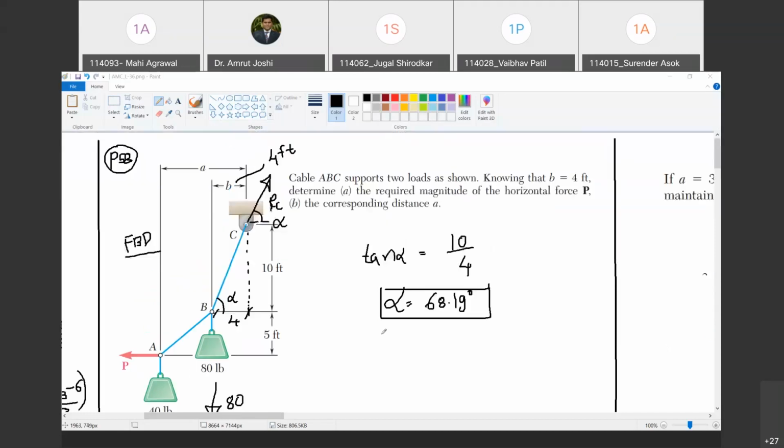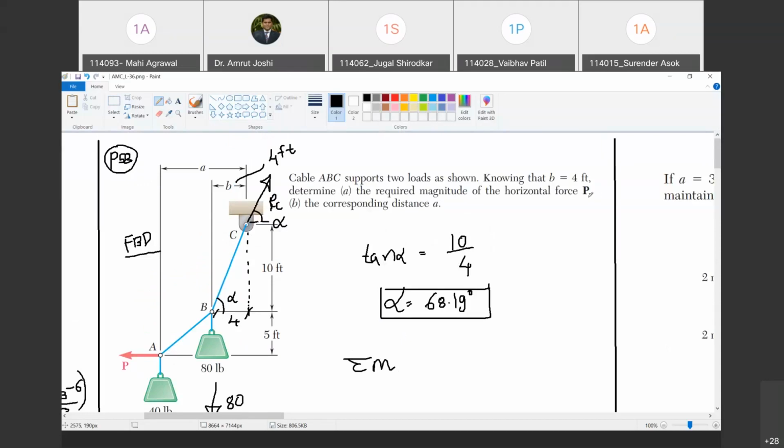Now we are going to apply all the equations of equilibrium. Do you agree with me? Yes, sir. So what are the equations of equilibrium? Summation of moments of all the forces. If I take about A, then moment of P is going to vanish. Do you agree with me? Yes, sir. Now what is required?